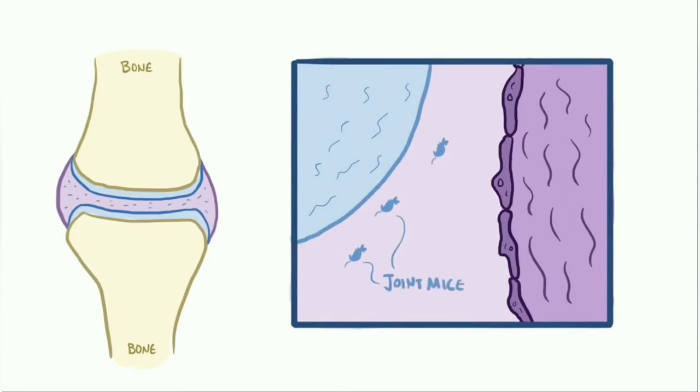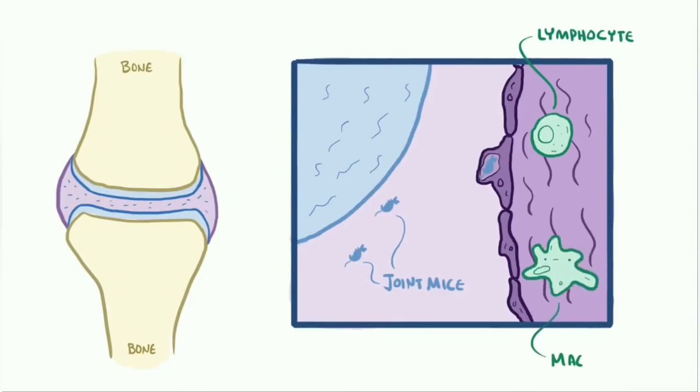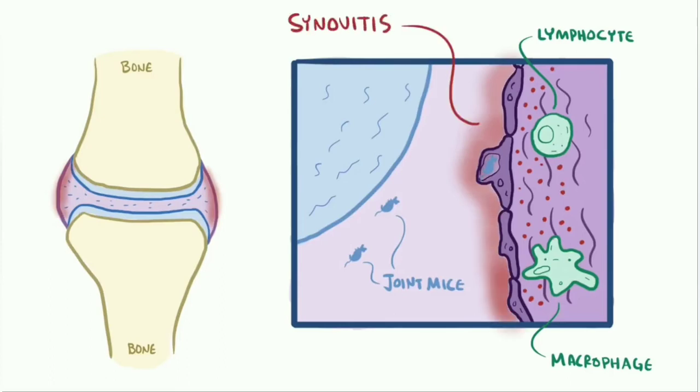Type A cells in the synovium attempt to remove the debris. Immune cells like lymphocytes and macrophages are recruited to the synovial membrane and produce pro-inflammatory cytokines that ultimately cause inflammation of the synovium as well, called synovitis. Also, fibrillation is essentially cracking of the cartilage.